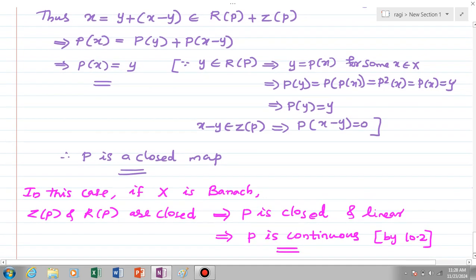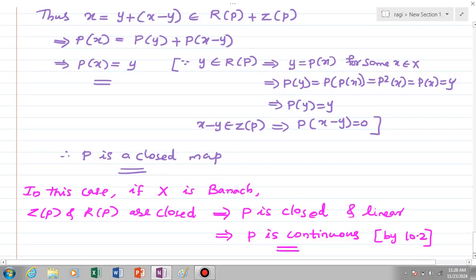So by theorem 10.2, the closed graph theorem, if X is a Banach space, and here P from X to X, so X and X are Banach spaces, P from X to X is closed and linear, then clearly P is continuous by theorem 10.2, the closed graph theorem. So in this case, if X is a Banach space, then the projection becomes continuous. That is the theorem.